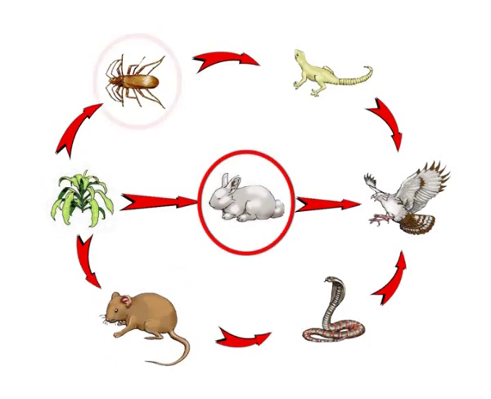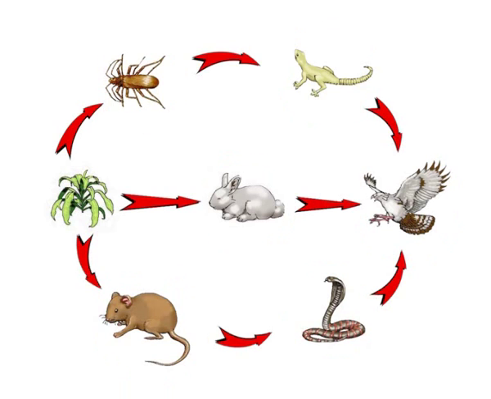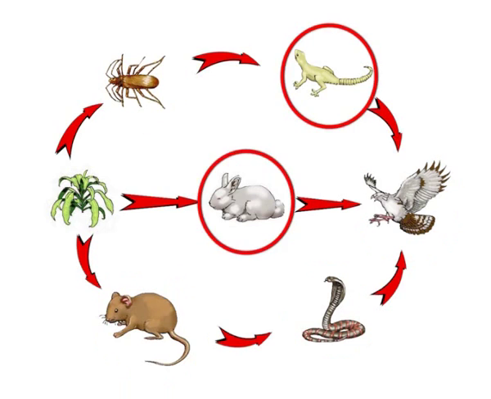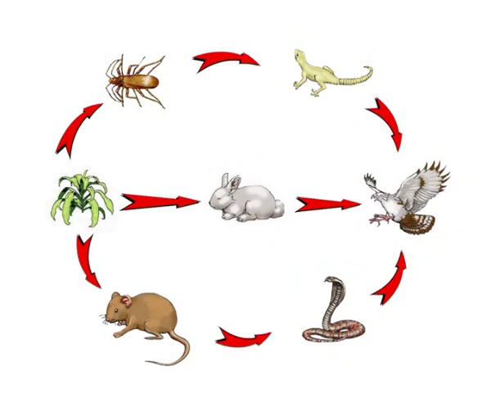Rat, rabbit, lizard and snake may be consumed by an eagle. Insect, rabbit and lizard may be foodstuff for the snake or the eagle. Here, three food chains are interlinked, therefore it is known as a food web.